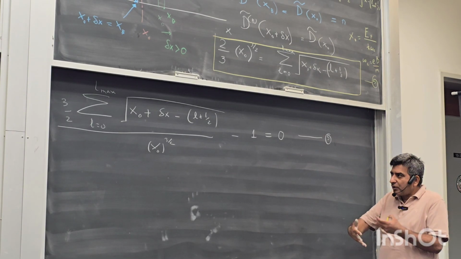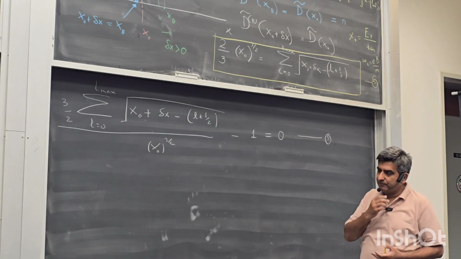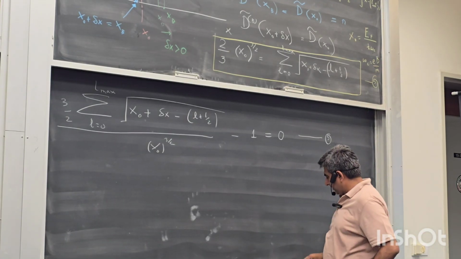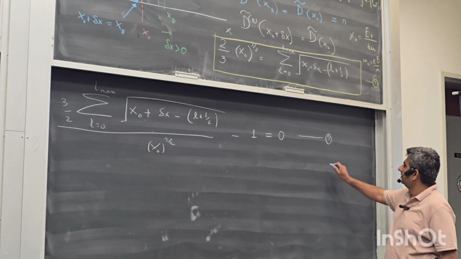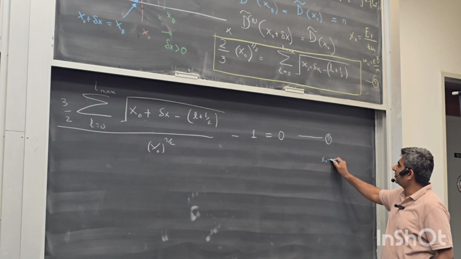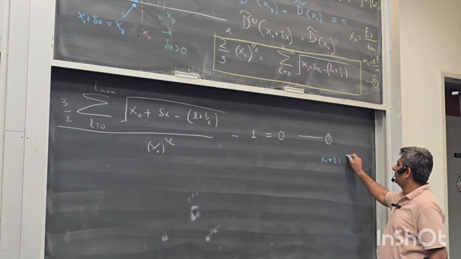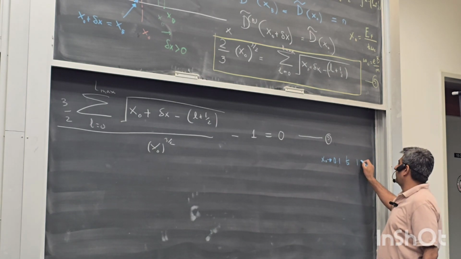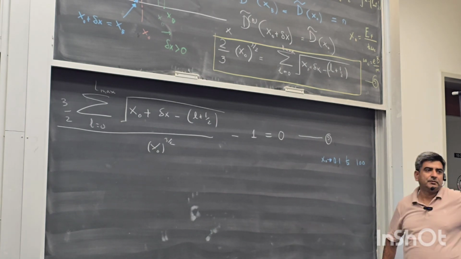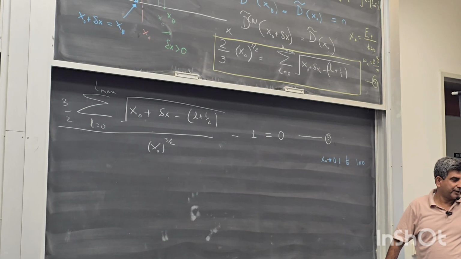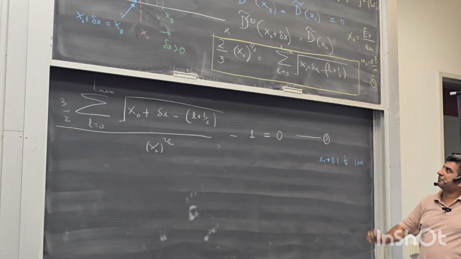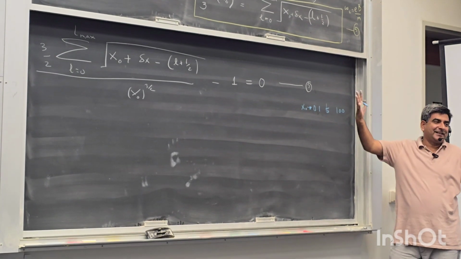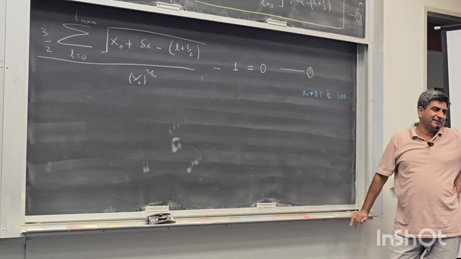So this is the scheme. I take some set of x naughts, say from 0.1 to 100, which is really choosing a set of B's.